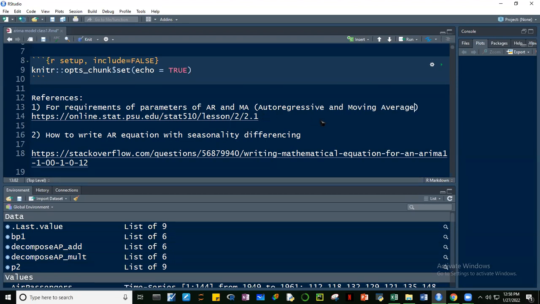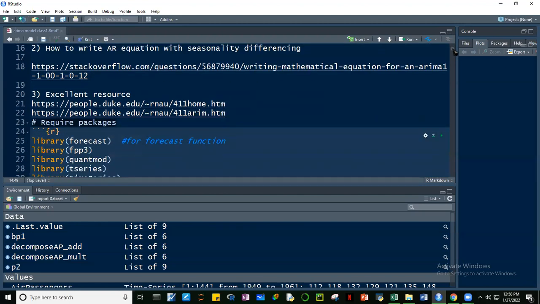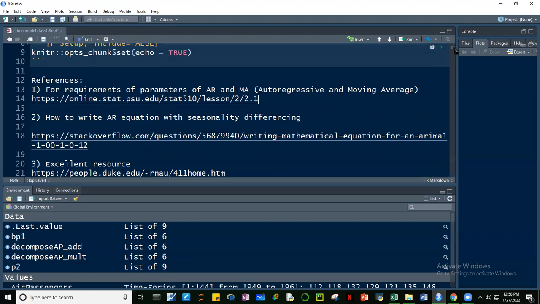So kapag pinag-uusapan natin ng time series, either AR model yan or MA model or ARMA model, combination ng dalawa, ARMA. No? So here you have some guides, online stat lesson. So you can refer to this later on or when you review this lesson.